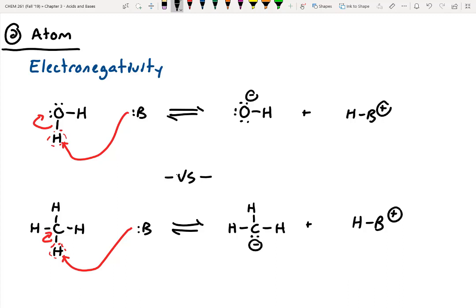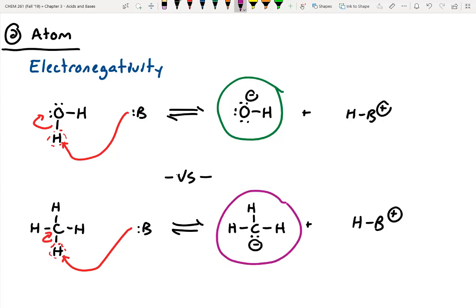And just like before, we would say, all right, is this conjugate base that I've circled in green more or less stable than the conjugate base I've circled in purple? Which one's more stable? The green one, right? Because oxygen, being an electronegative atom, is okay carrying that negative charge.